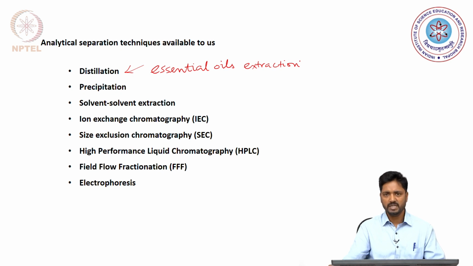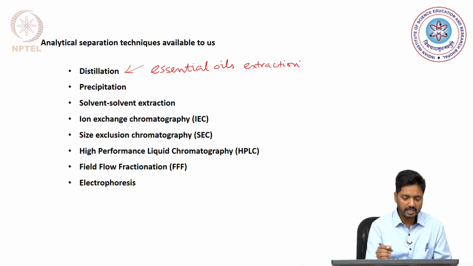A very common example of that would be the neem oil or the eucalyptus oil or the rose oil that we can purchase now, and even the ittar, for example, which is made widely in our country, these are made through the process of distillation, mainly steam distillation, and these oils are then isolated and sold.